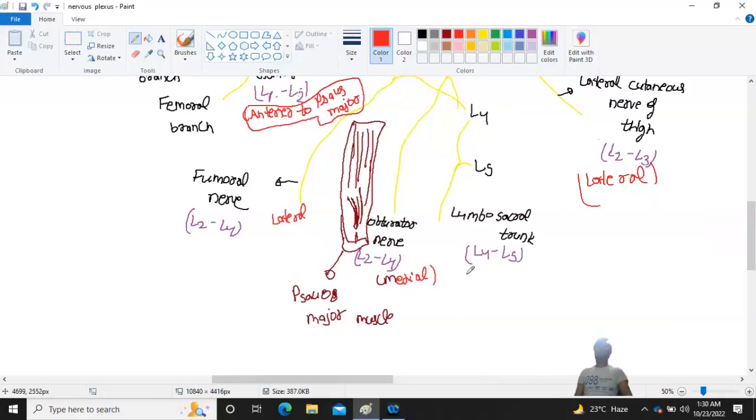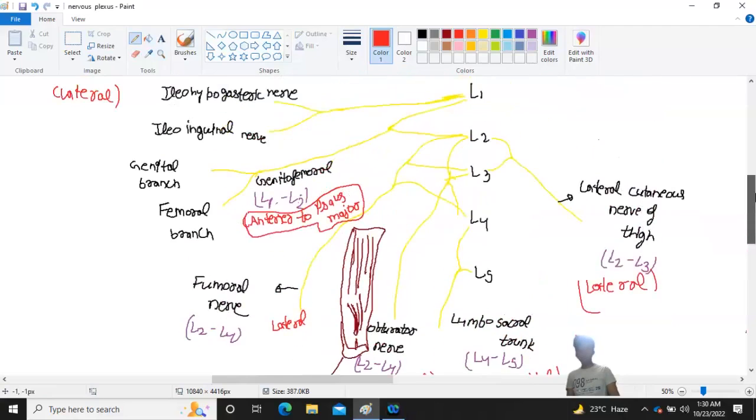The lumbosacral trunk is going to the lumbar region. We don't define it because it can cross, but we can write medial also. So these are the relations to the psoas major. Anterior is only one, just the genitofemoral nerve, and all the others are in different relations.